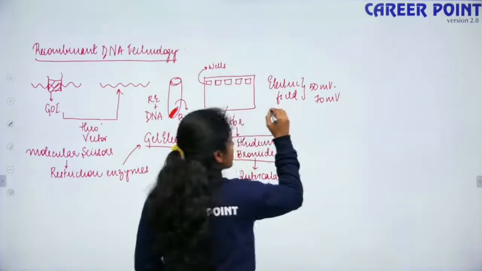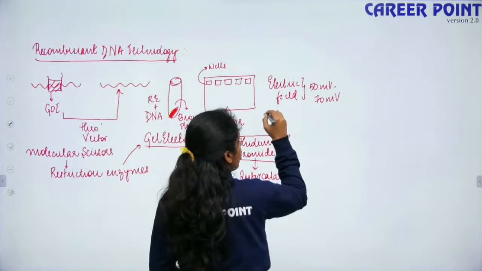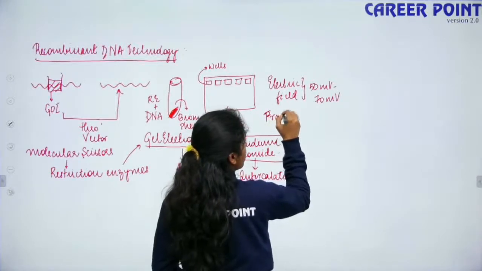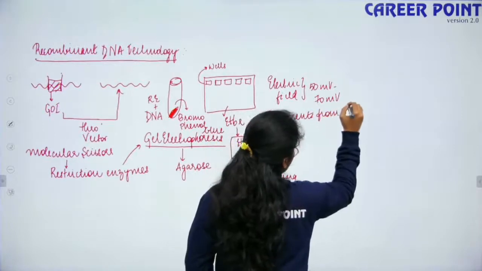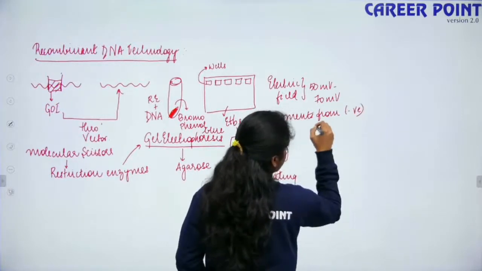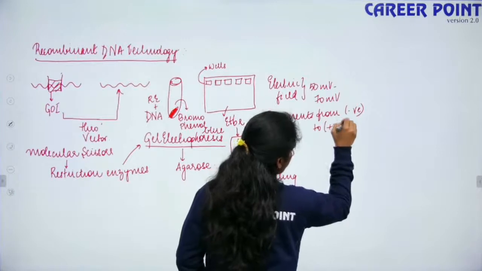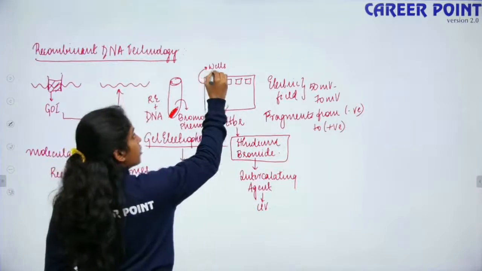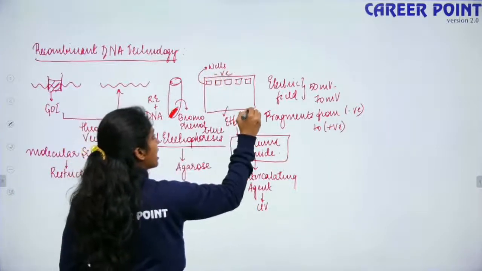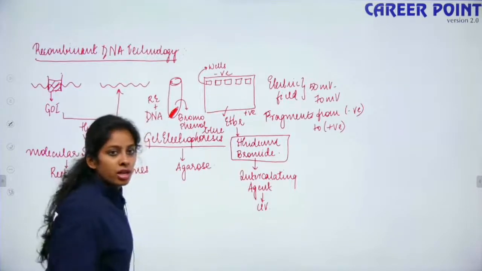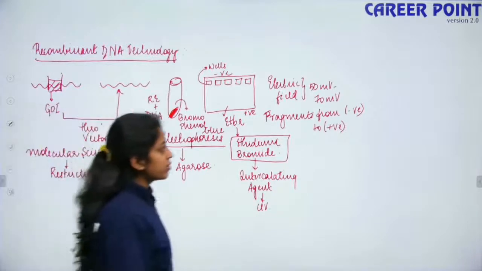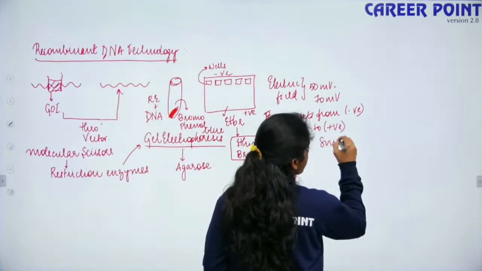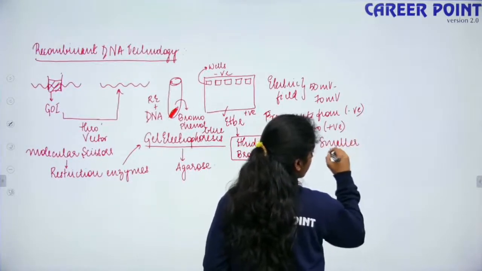Now the fragments move from the negative end to the positive end, because your DNA is negative. This side will be the negative end and this side the positive end. The fragments move from the negative end to the positive end, and smaller fragments move faster.